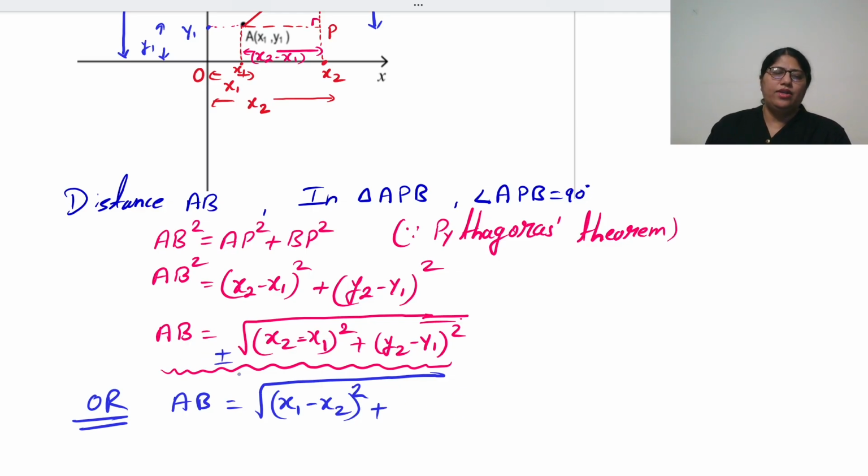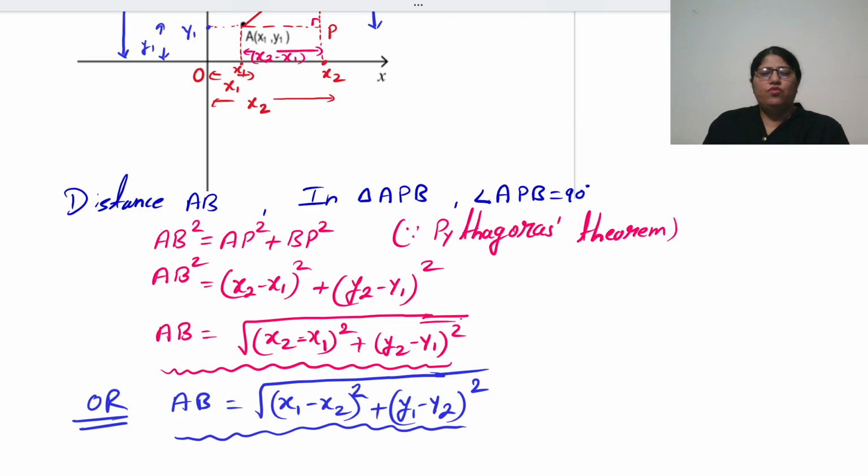Generally, whenever you take a square root, we take positive and negative, but this is not an algebra based question, this is a distance based question, and length cannot be negative. So we are going to consider only the positive value. So what is this formula? y1 minus y2 whole square. So hope you got this, and we are going to use this formula to solve the questions, right?